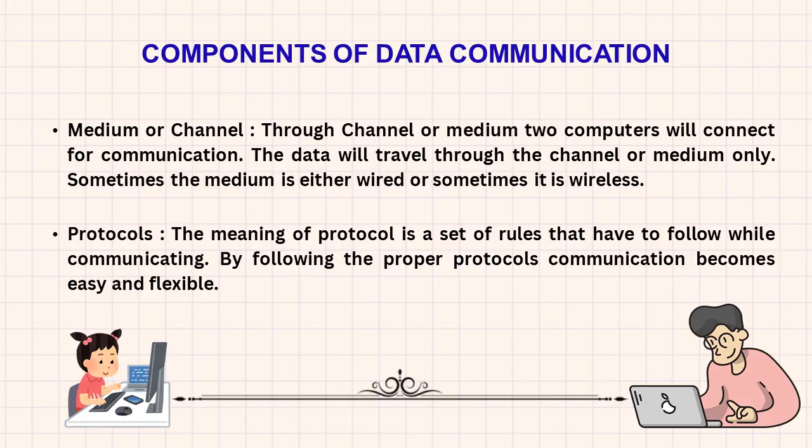Protocols. Protocols are the rules and standards that devices follow to communicate properly. They make sure messages are sent, received and understood correctly. For example, TCP/IP is a common set of protocols used on the internet.